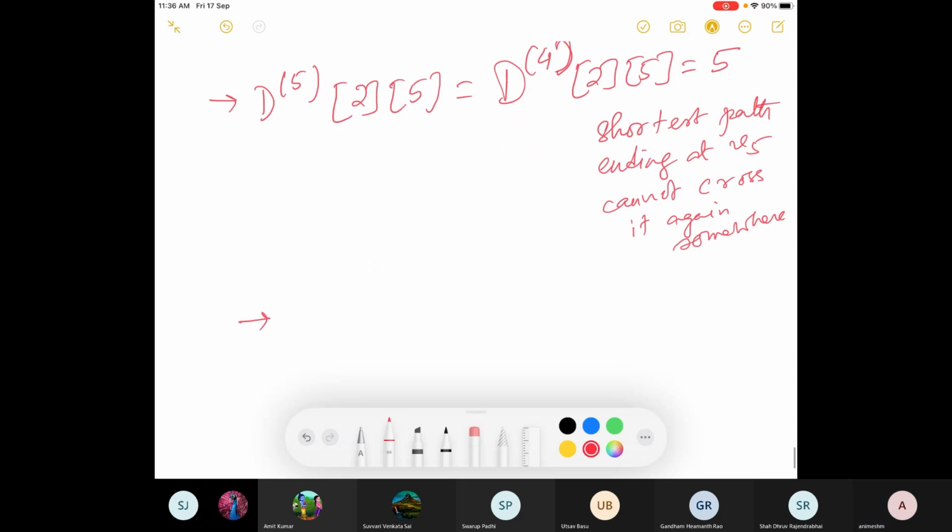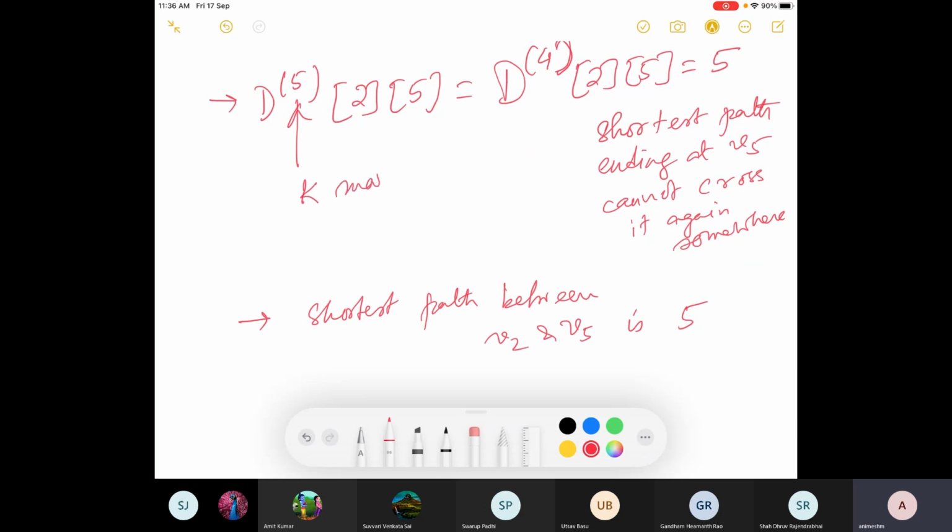So the shortest path between V2 and V5 is 5 because K's max value has been reached.